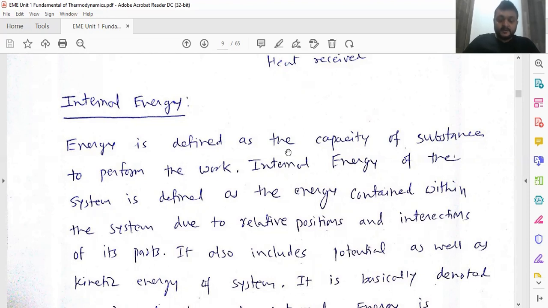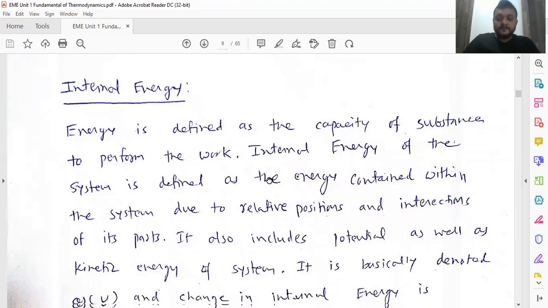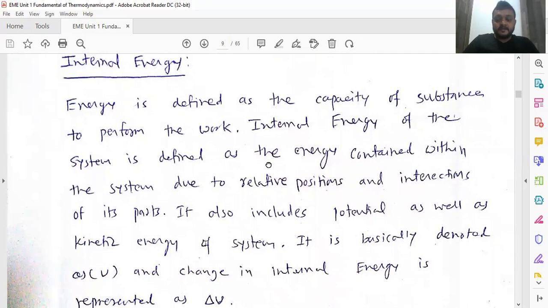Okay, now in today's lecture we also have to see two more concepts, internal energy and enthalpy. Internal energy is the energy or capacity of the substance, or of any system, to perform work without supplying any kind of energy. So it is the energy occupied by the system itself.